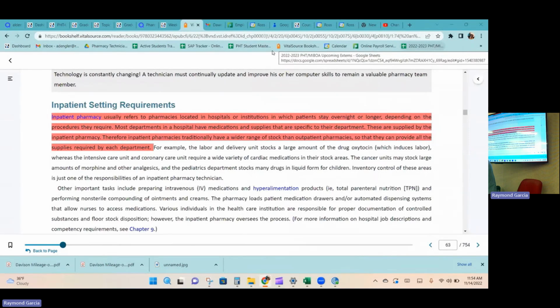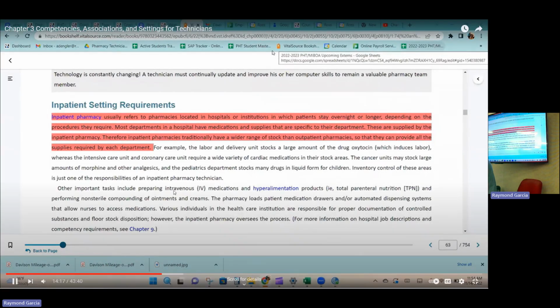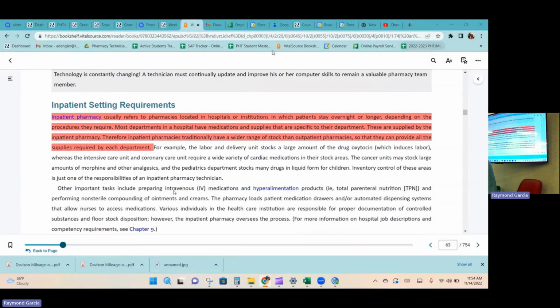Inpatient pharmacy usually refers to pharmacies located in hospitals or institutions in which patients stay overnight or longer, depending on the procedures they require. Most departments in a hospital have medications and supplies that are specific to their department. These are supplied by the inpatient pharmacy. Therefore, inpatient pharmacies traditionally have a wider range of stock than outpatient pharmacies so that they can provide all the supplies required for each department.